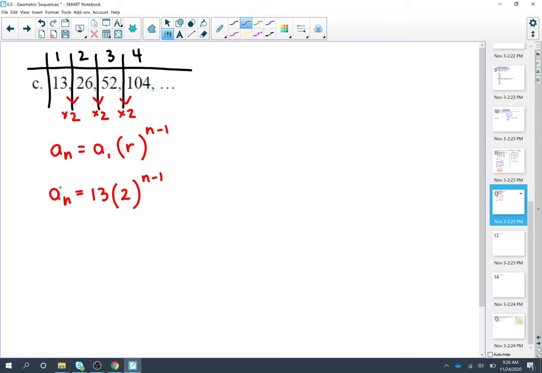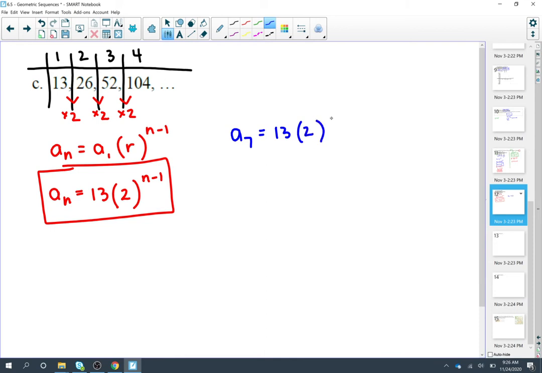And again, this could be a y, this could be an x, it really doesn't matter. But that's as far as you can go. You cannot multiply the 13 and the 2, leave it alone. Now we want the 7th term. So a sub 7 equals 13 times 2 to the 7 minus 1.